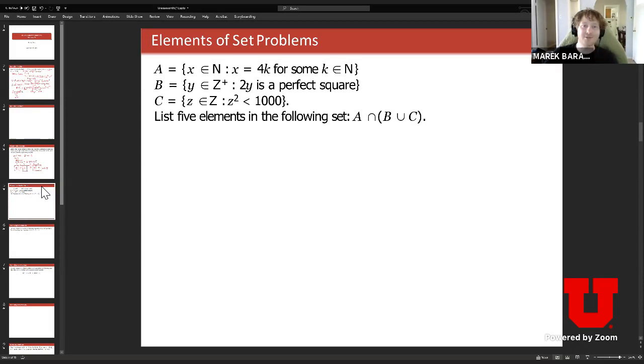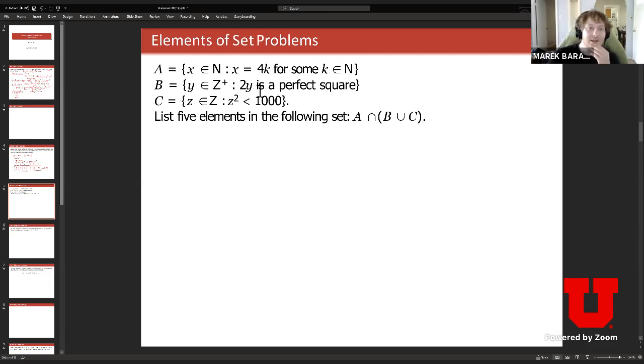Okay, so this one we have a few sets, and we're supposed to list out the elements in A intersect B union C, where A is positive multiples of 4, B is even perfect squares, and C is numbers whose square is less than 1,000.